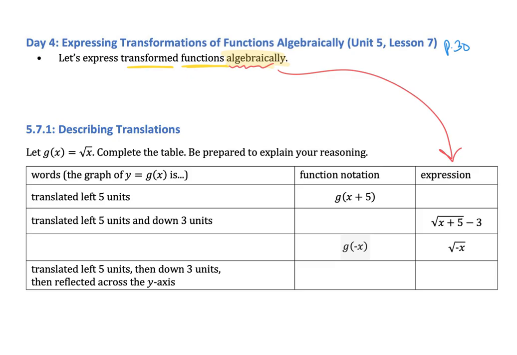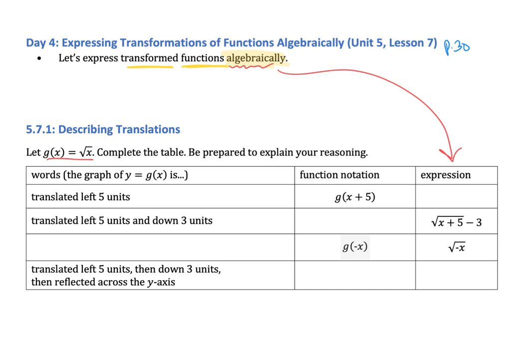So we're now going to give you functions, and then you will be substituting in that function notation into the equation or expression. In this case, you're not going to write g of x each time.